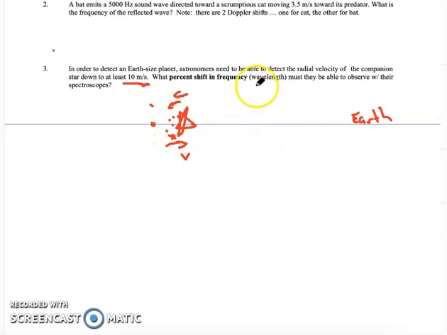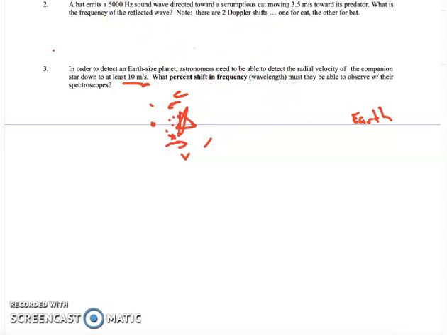Okay, so what we want to understand is this speed would normally be given the symbol u in our equations. And the wave speed in this case is light, which would normally be given the symbol v. But what we want you to recognize in this situation is this value is tiny compared to the speed of light, right? The speed of light is, remember, 3 times 10 to the 8th meters per second.